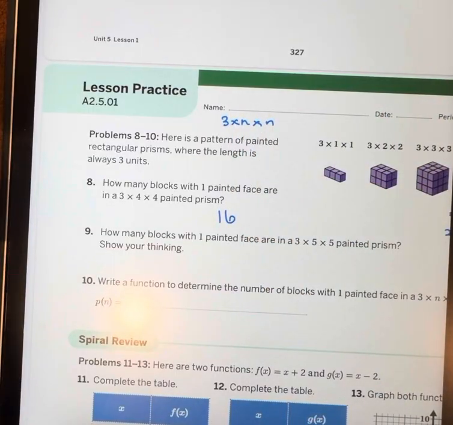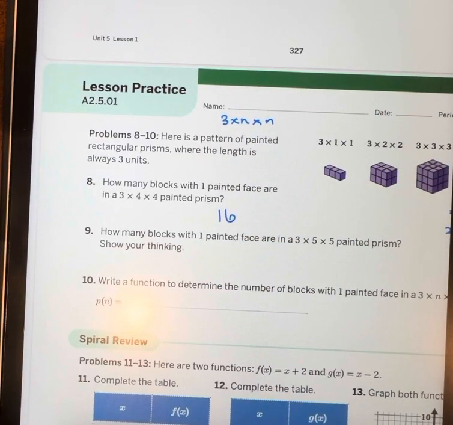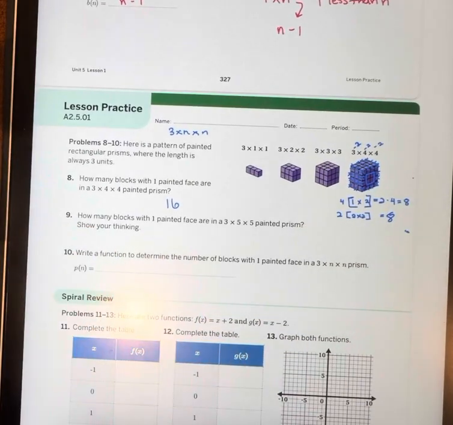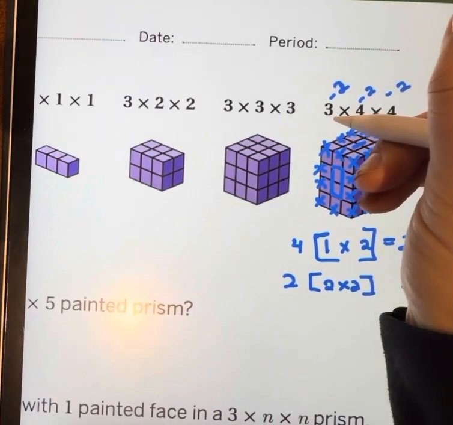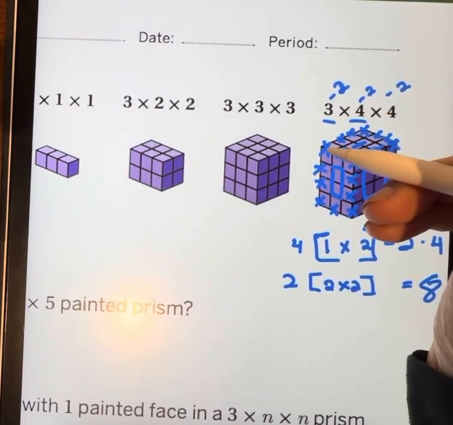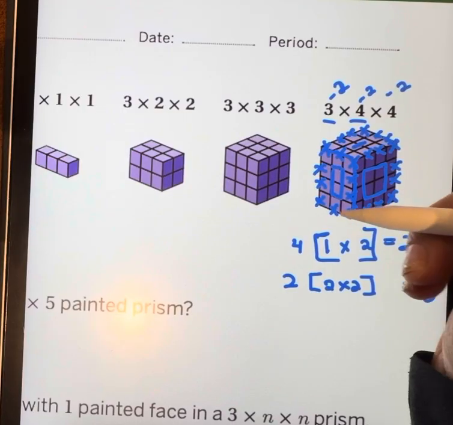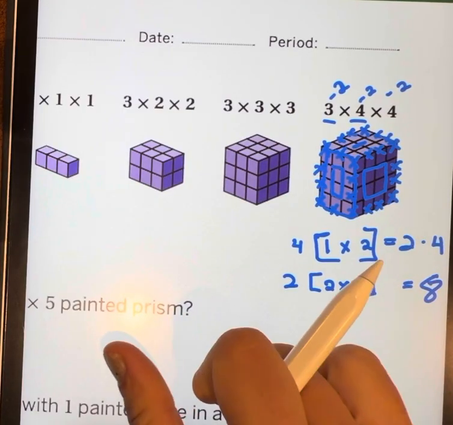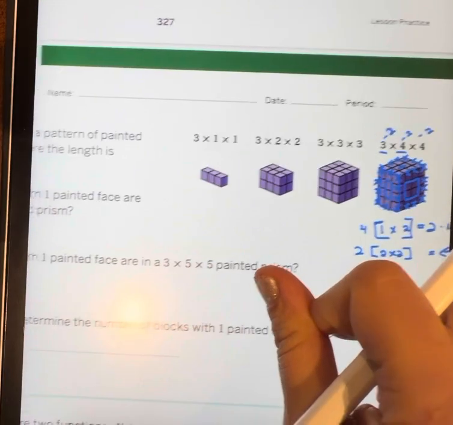Okay. How many blocks with one painted face are in a 3 by 5 by 5? I'm just trying to see here, the 3 by 4 was this 3 by 4, and we had 4 of those.